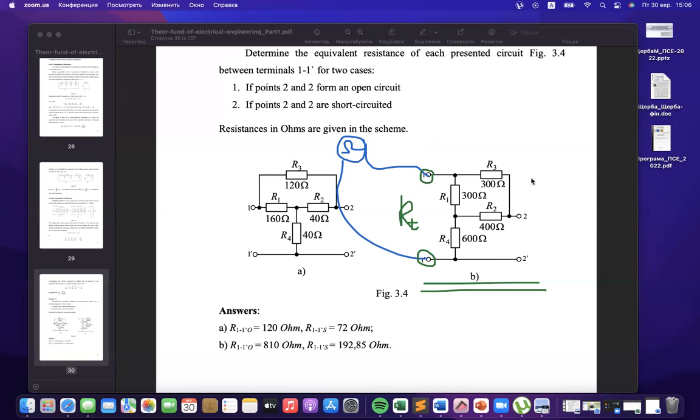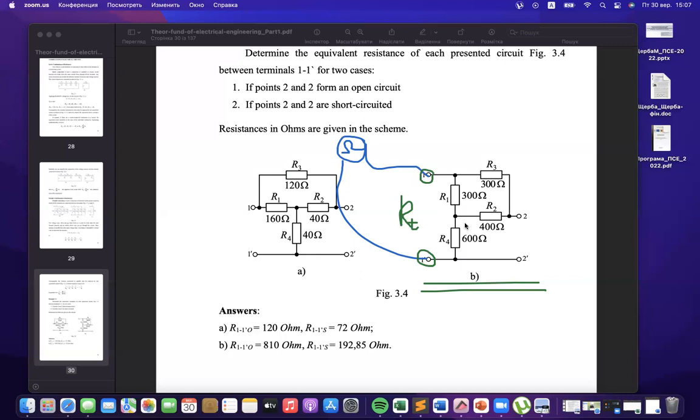R1 and R4, we add them together because they're in a straight line, they're not parallel. Did you speak about R1 and R4 or R3 and R2 when you said adding them?